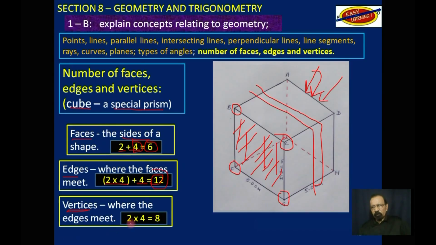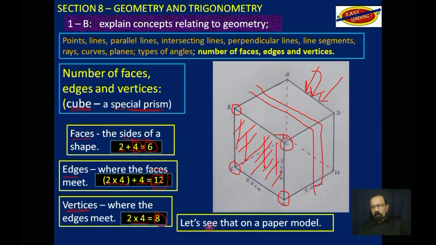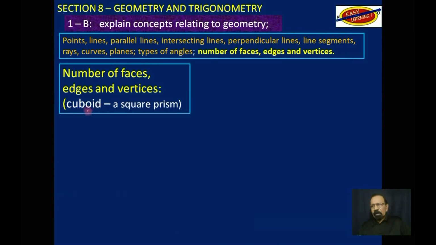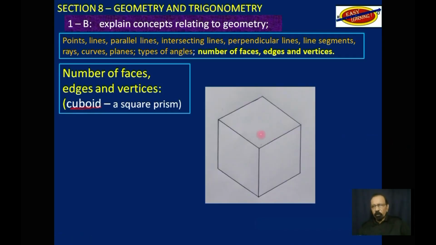So that will be 2 times 4, and that would give us 8 vertices for a cube. It's a special type of prism. It's more like a square prism. Let's see that as a paper model. Now we will look at a cuboid. Now imagine you have a cube like this.